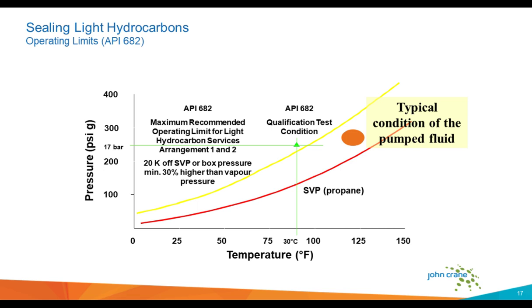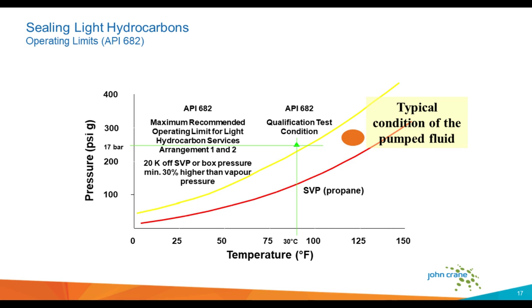In comparison, this test can be compared to a qualification test for API 682, which normally uses propane. The saturated vapor point of the propane is shown here in the red line. API 682 recommends about 30% margin higher than vapor pressure, and that's represented by the yellow line.